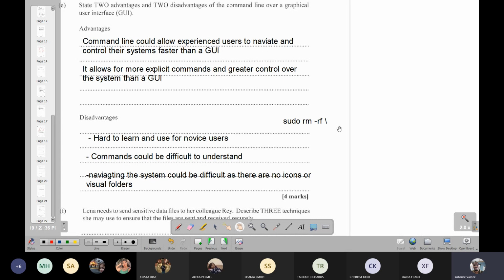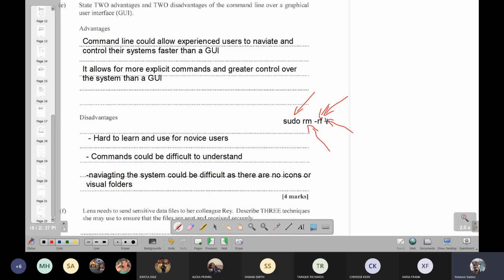Because sudo is the highest permission level in the system. rm is remove. -r means recursive and -f means forcefully. And this / here is the root of your hard disk.